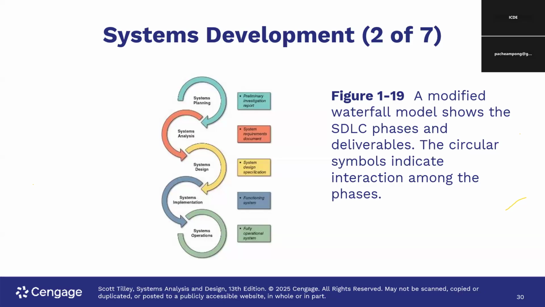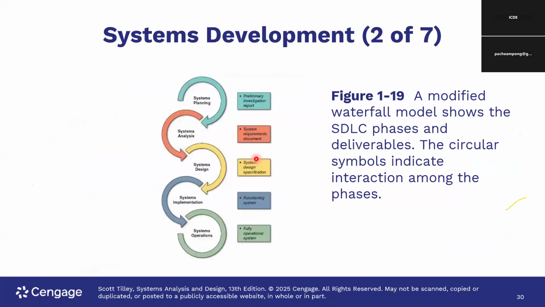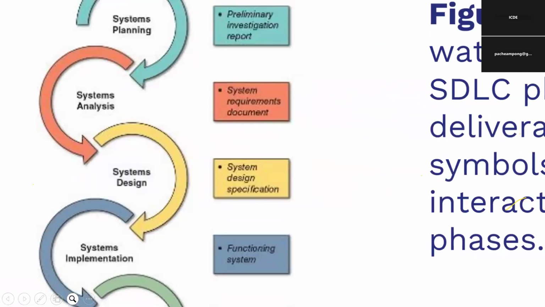The circular symbols indicate interaction among the phases. So the preliminary investigation report has to do with systems planning, and it's interacting with systems analysis, which deals with requirements and documents. And it's also working with systems design.